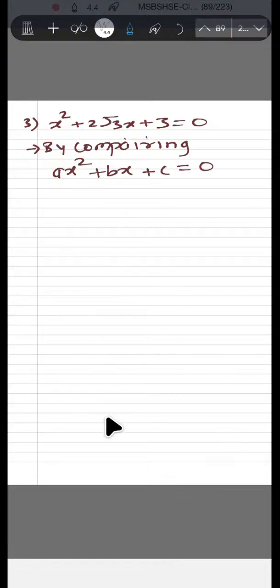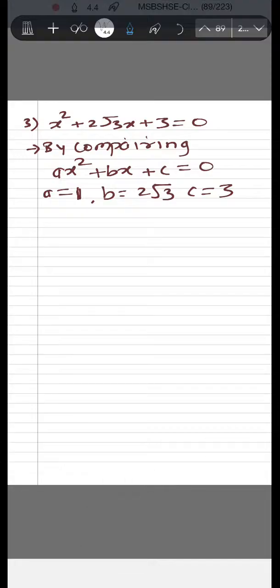By comparing, what will I get here? For x square, 1 is present, therefore a is equal to 1. Then b is equal to 2 square root of 3, and c is equal to 3.